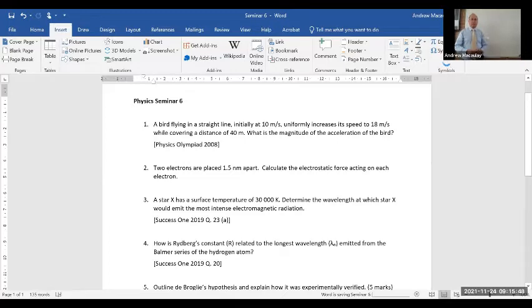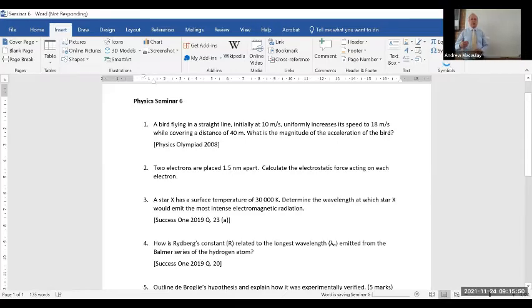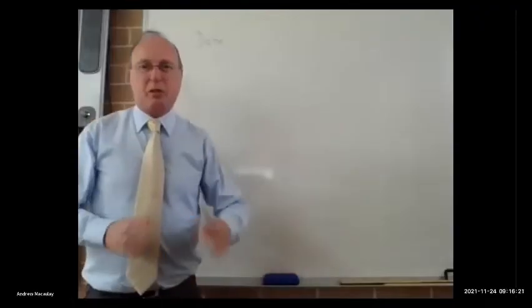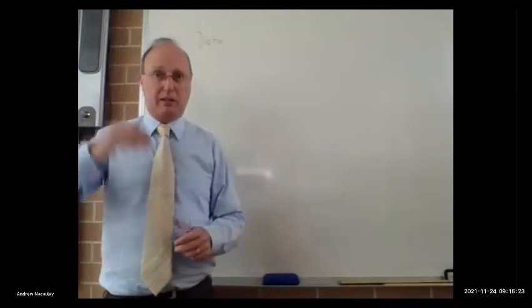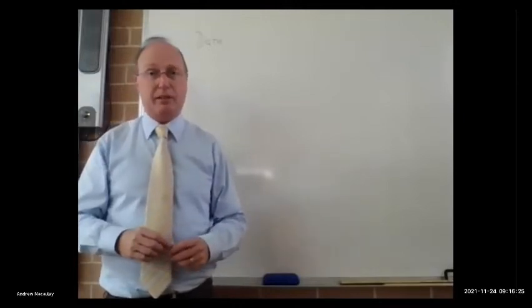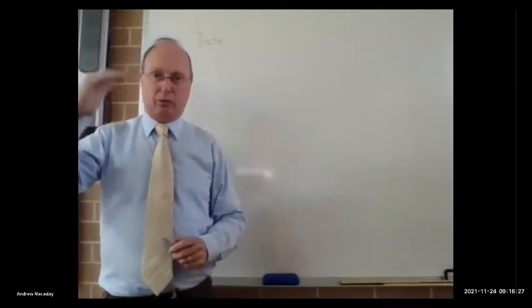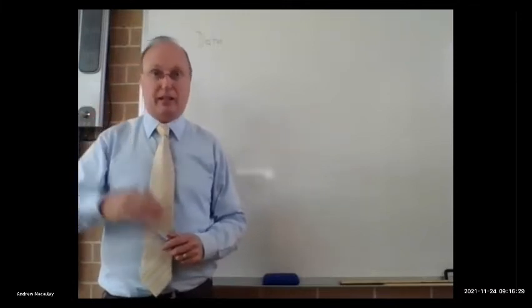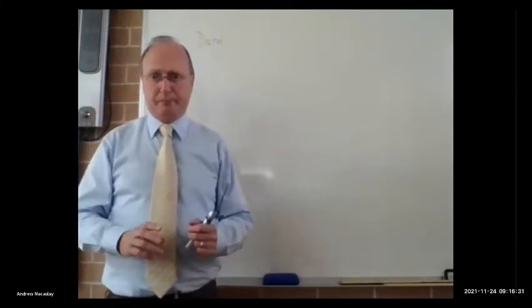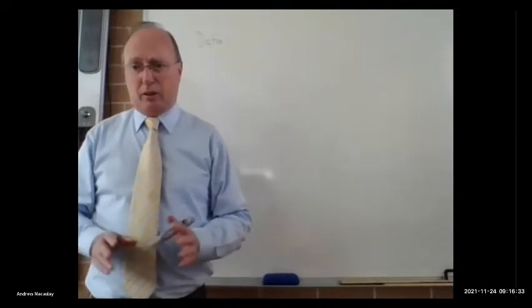How is Rydberg's constant R related to the longest wavelength, lambda alpha, emitted from the Balmer series of the hydrogen atom? So it's a module, and we're looking at the Balmer series when we're looking at the hydrogen atom in particular, and looking at the energy levels and being able to calculate changes in those energy levels. So this is quite a complex one.